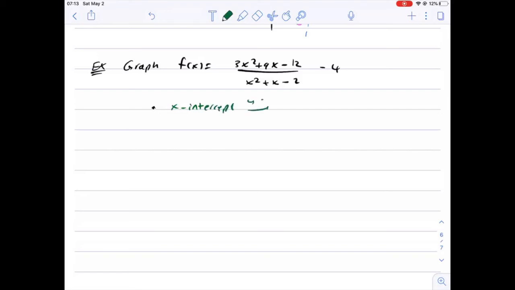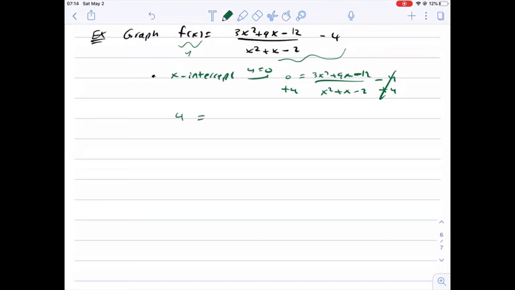We set y equals 0. When y equals 0, 0 equals this expression. And then we add 4 to both sides. We get 4 equals (3x squared plus 9x minus 12) over (x squared plus x minus 2), and then we cross multiply this by this, and this times this.